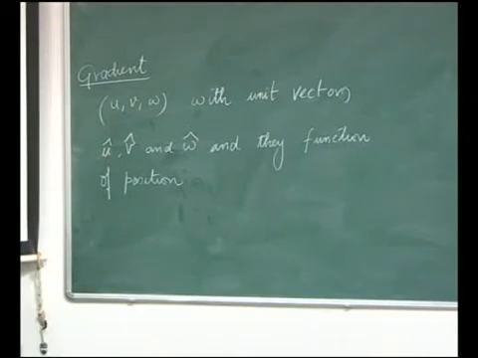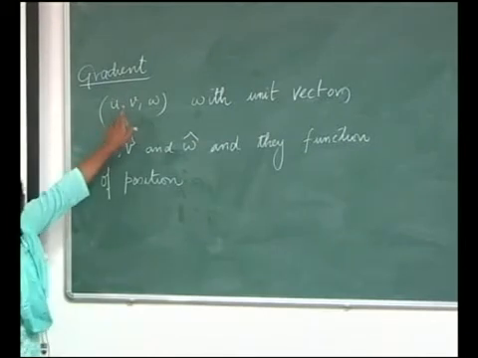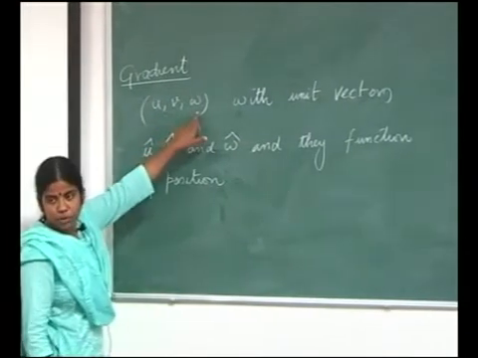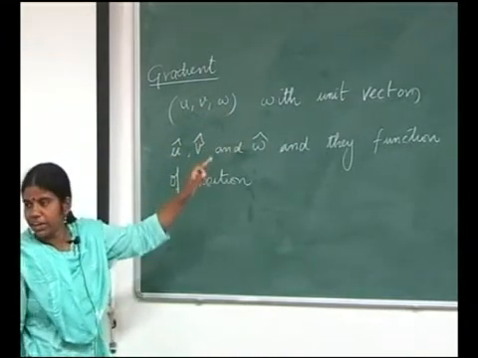Okay. Now I move UVW by a small amount du, dv, dw.